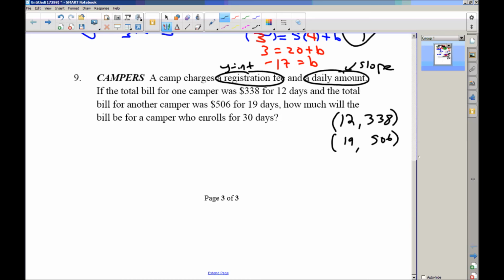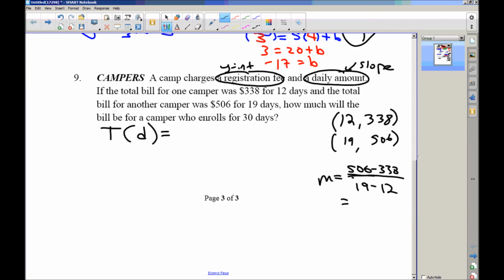So what we really want to do is make an equation for this and then plug into our equation. So what I would like to know is, what is the total bill based on the number of days we attended the camp? And to do that, I need to find the slope. So I'll come back over here and do my slope. That's 506 minus 338 over top of 19 minus 12.